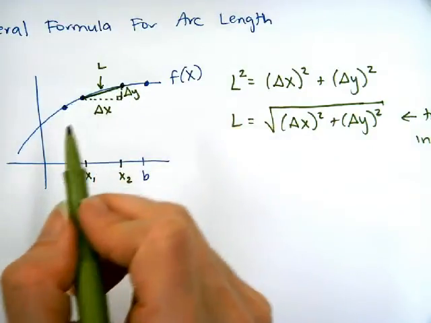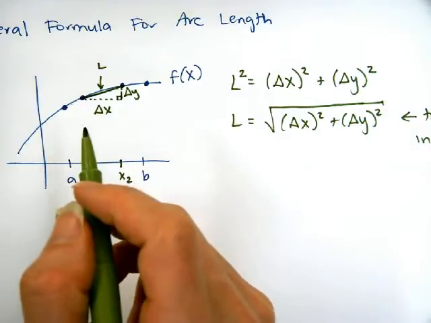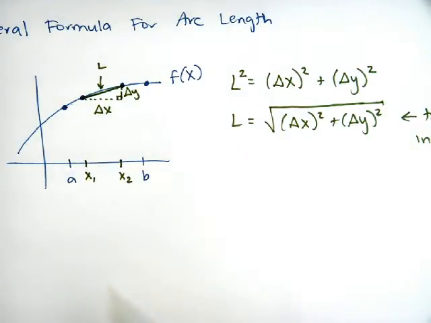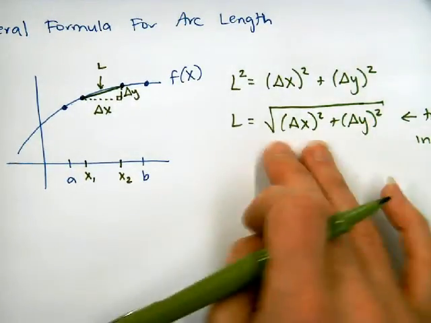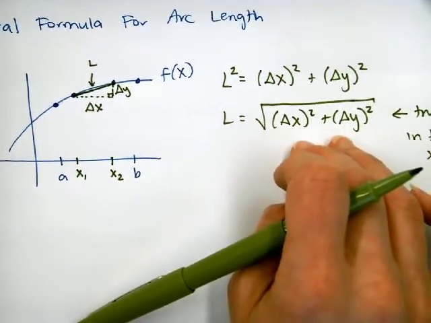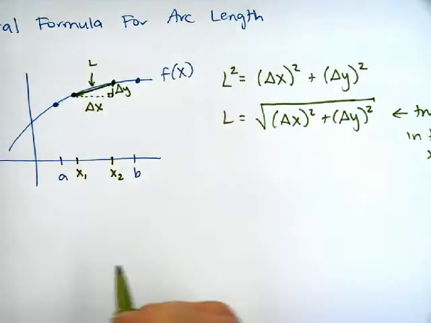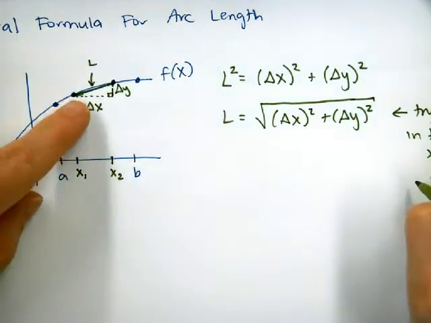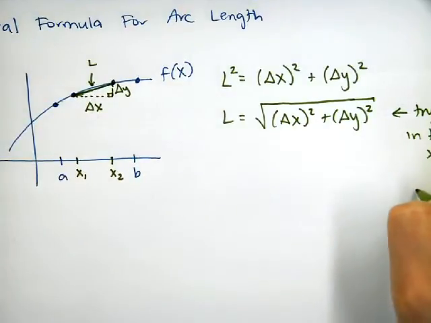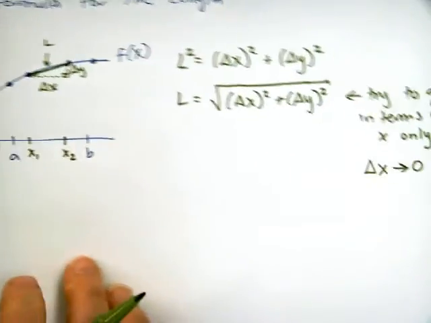That's exactly what integration does. It adds up whatever we need. Remember the integral sign, the elongated s, stands for sum. So eventually we're going to integrate this because we want to add up all of these little lengths. In order to make these all become really little, we need delta x to become as small as possible. Okay, so we'll use that in just a little bit.